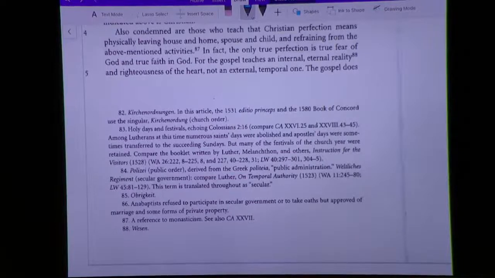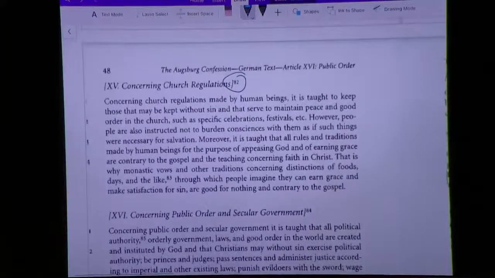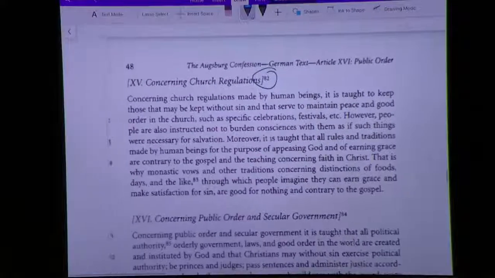In this article, the 1531 Editio Princeps, which just means one of the early editions of the Augsburg Confession, and then the 1580 Book of Concord, which is sort of the authoritative version, use the singular Kirchenordnung. So is it singular church order or church orders? Doesn't make that much difference. Church order kind of establishes the idea of the whole thing, whereas little different parts of it. So that's all that is. Not a big deal footnote.